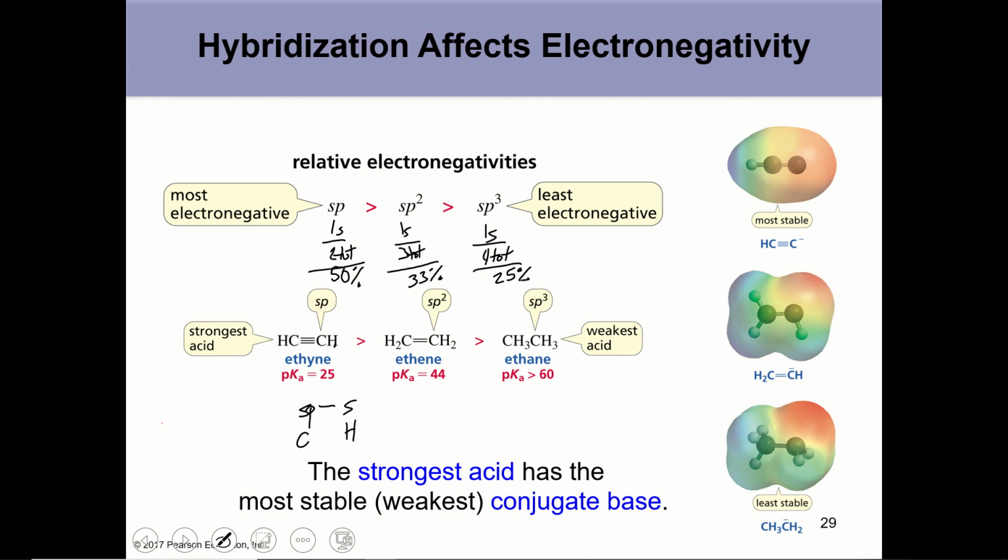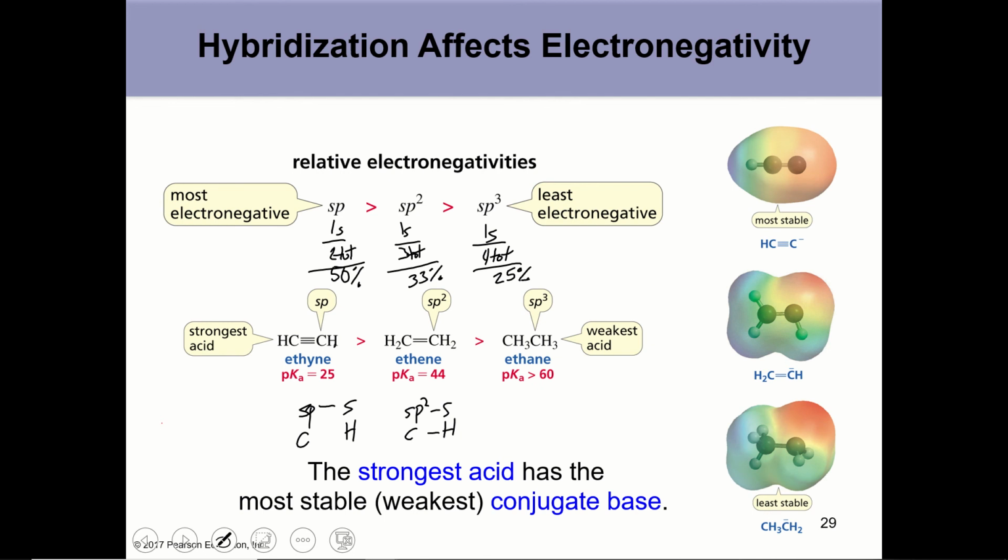This sp to s bond has a higher s percentage than an sp2 to s bond for a double bond carbon to hydrogen.